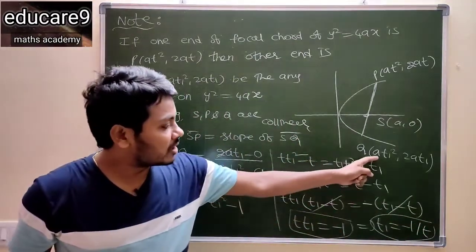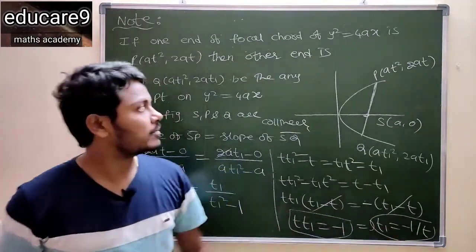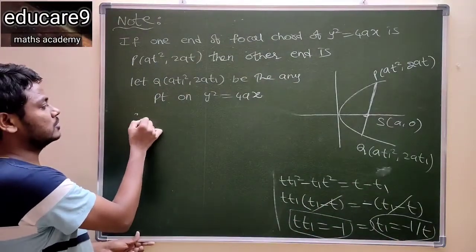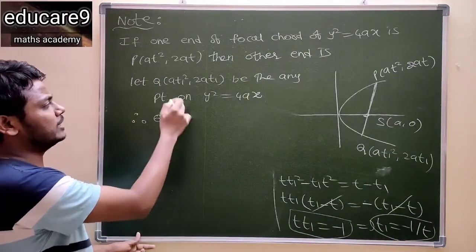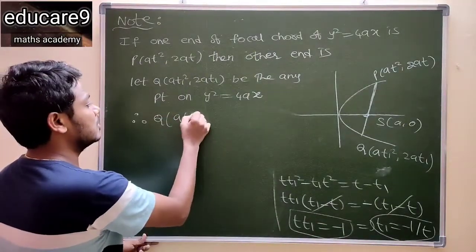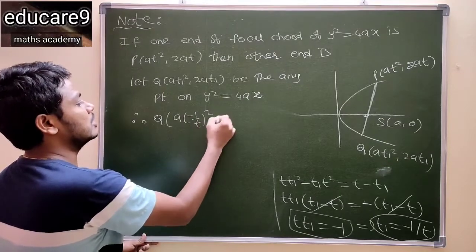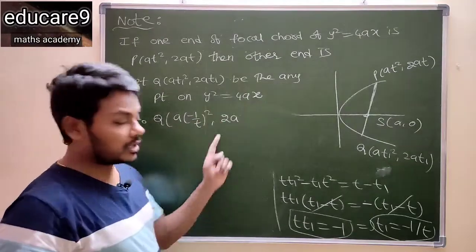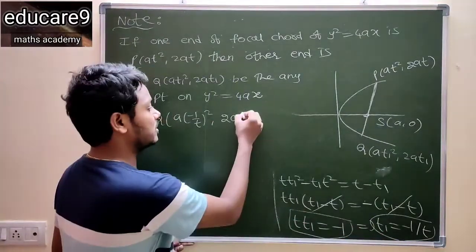Now replace t1 by what? −1/t. So here, therefore, Q point is a·t1², where t1 is −1/t, (−1/t) whole square, comma 2a·t1, t1 is what? −1/t.